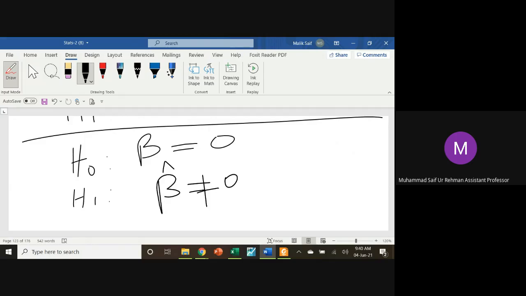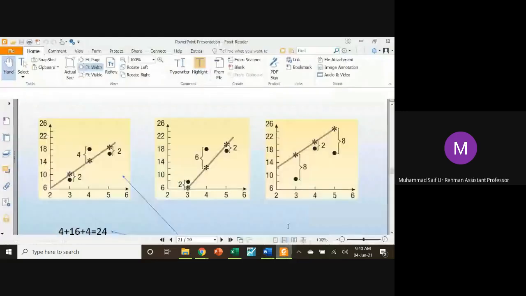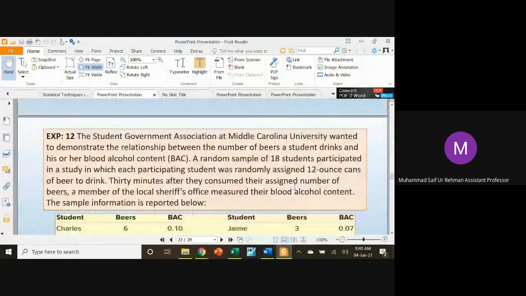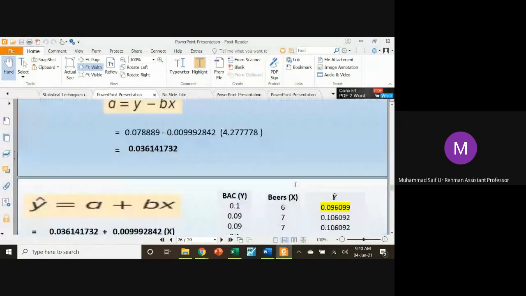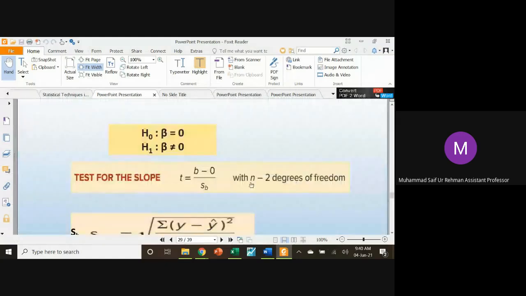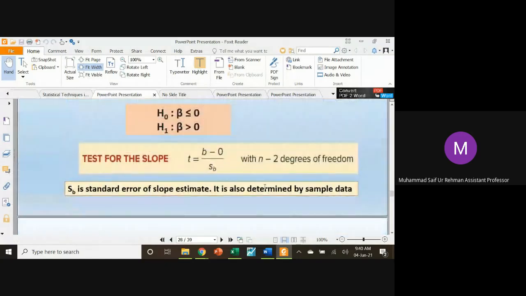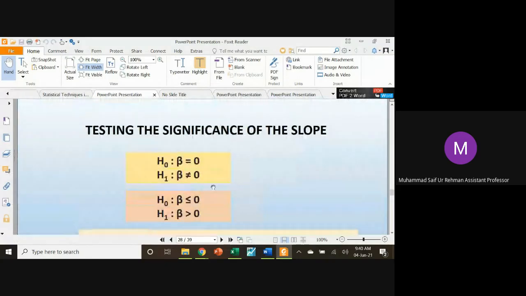And which formula will you use to prove this? We are interested in writing down that formula. You can see that formula from here. Yes, this is the formula. So you will set the null and alternate hypothesis in this way. There may be a situation like this, greater than or less than or equal to.